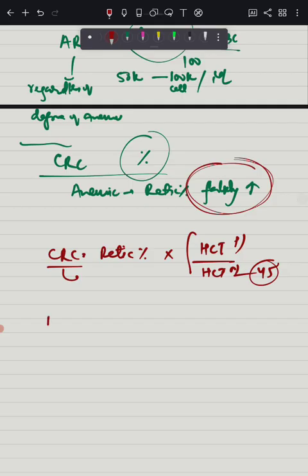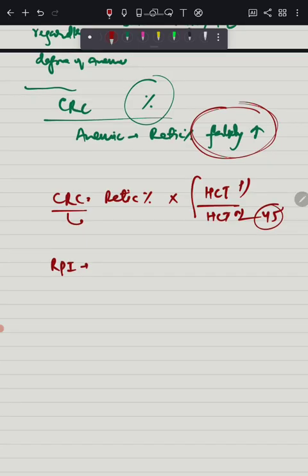Then RPI, reticulocyte production index. For more accuracy in severe anemia, the reticulocytes released are immature, that is the shift retics, and need time correction. So RPI is CRC divided by maturation time in days, because we know maturation time increases as hematocrit drops.